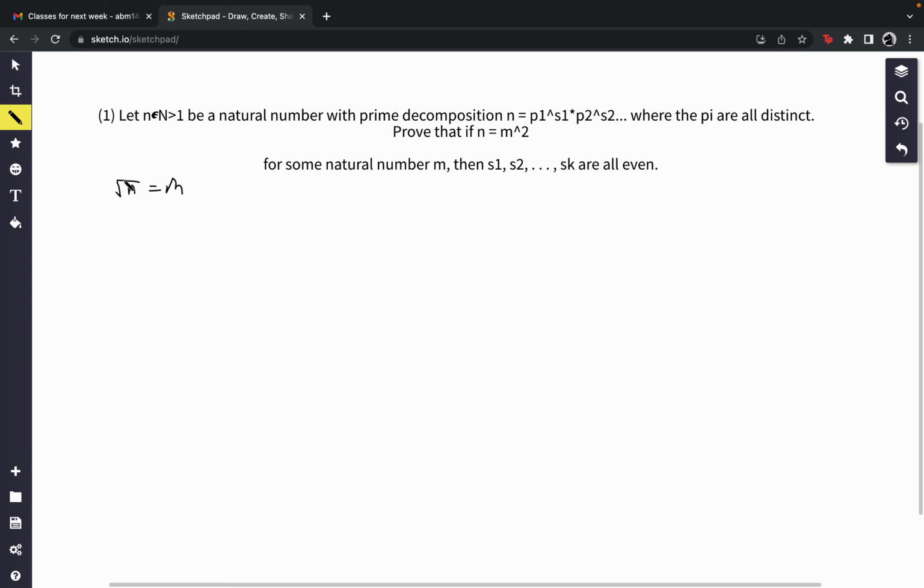And the square root of some natural number that's greater than 1 is also going to be a natural number greater than 1. So we know that m is not just some natural number, it's actually a natural number that's greater than 1. And maybe that's important, maybe it's not. But yeah, we have m.